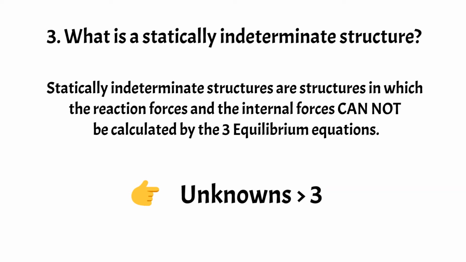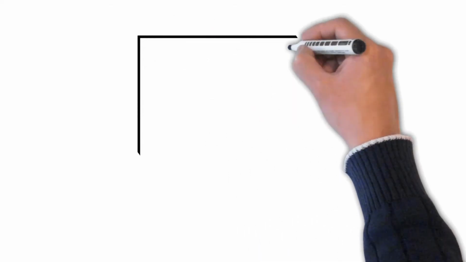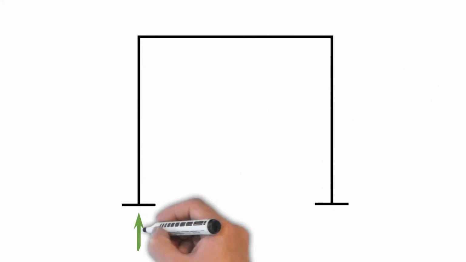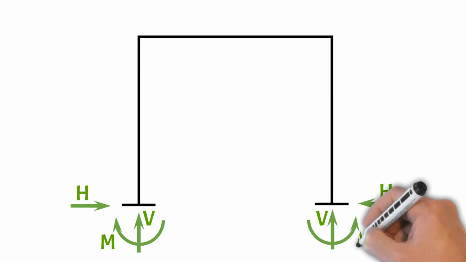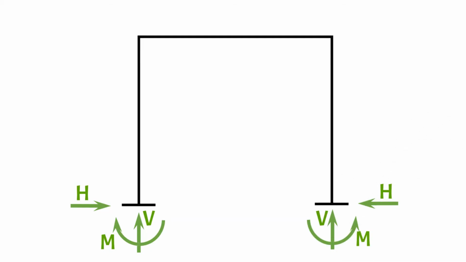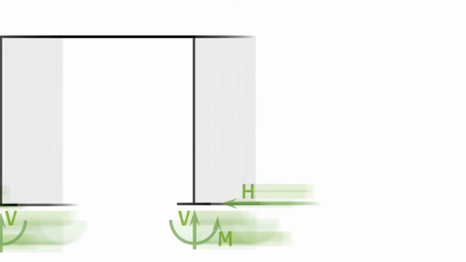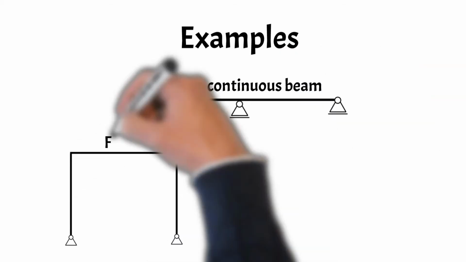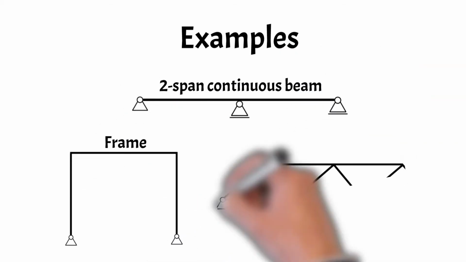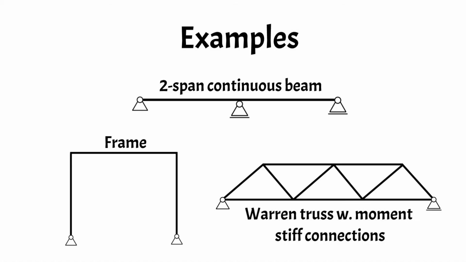This applies for reaction force and internal force calculation. So for example, a rigid frame with 2 fixed supports has 6 reaction forces, but only 3 equilibrium equations. Therefore, we can't calculate the reaction and internal forces. Other examples of statically indeterminate structures are continuous beams, frames with 2 pin supports, and trusses with moment stiff connections.